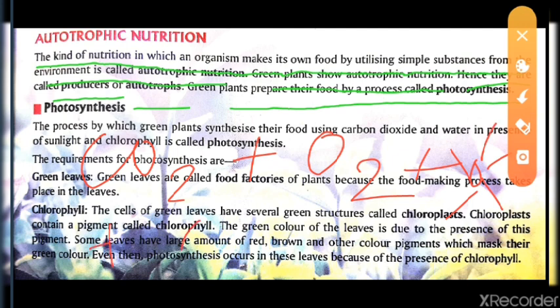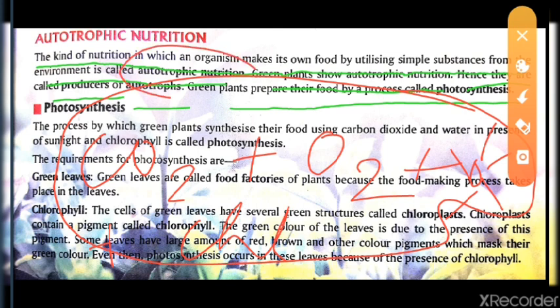Again they are using chlorophyll. So these are all the substances, that means they are getting from the environment. So if they are getting the substances from the environment and preparing the food, this is known as the autotrophic mode of nutrition.